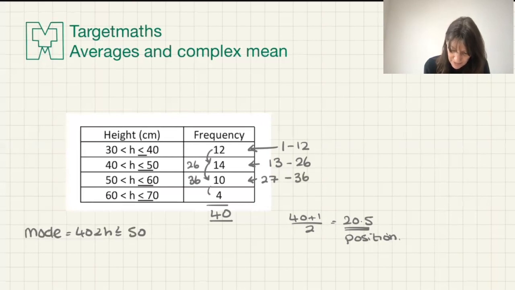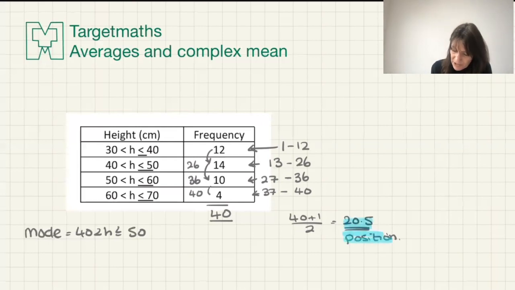And then I add on that 4, which takes me to the 40th number. So that last row has the 37th to the 40th. 37, 38, 39, 40, the 4 digits we would expect it to have. So that's how you can look at the frequency as the positions as well.